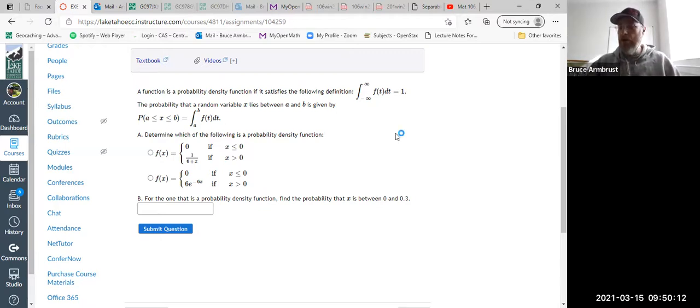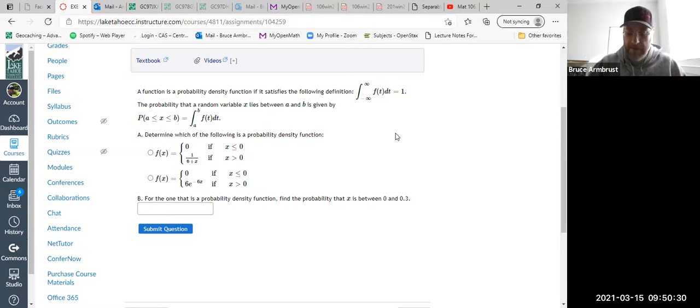All right, so we'll go to the definition there. Let's look at the integral from minus infinity to infinity, and let's see if we get 1. So let me go ahead and write these functions down real quick.